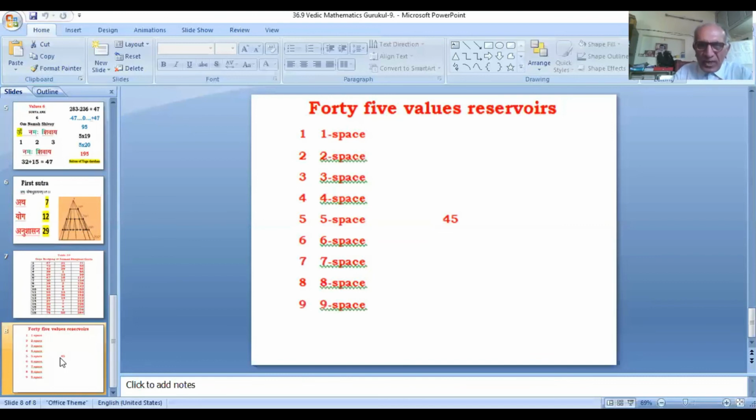Therefore, today we are having appreciation of one value for this range of 9 reservoirs, and it is that 1 is 1 space, 2 is 2 space, 3 is 3 space, 4 is 4 space, 5 is 5 space, 6 is 6 space, 7 is 7 space, 8 is 8 space, and 9 is 9 space, and the summation value 1 to 9 is 45, which is parallel to the TC value of Nav Brahm.